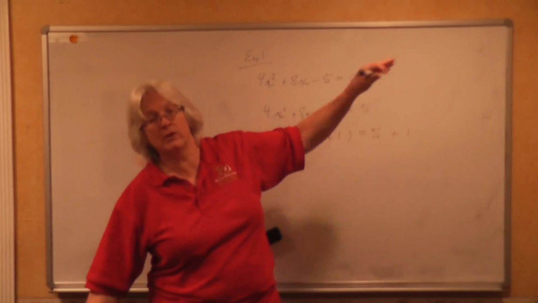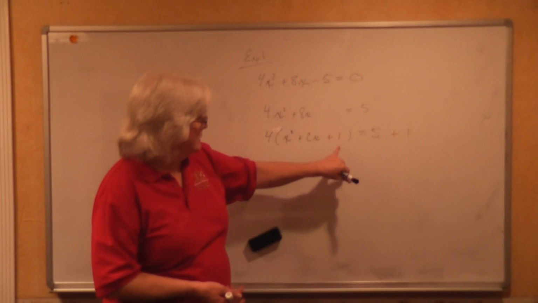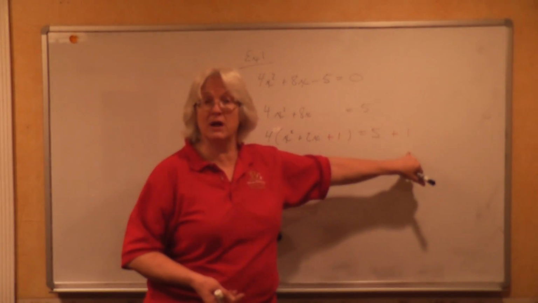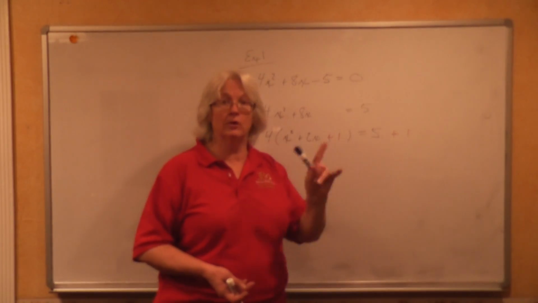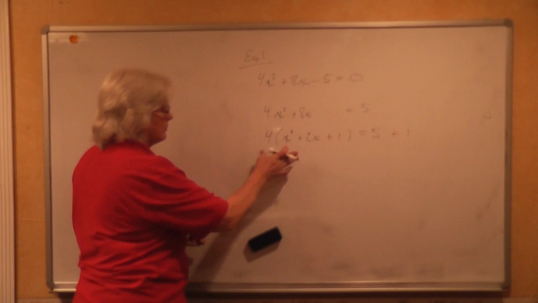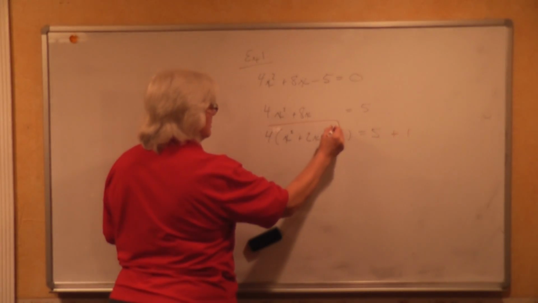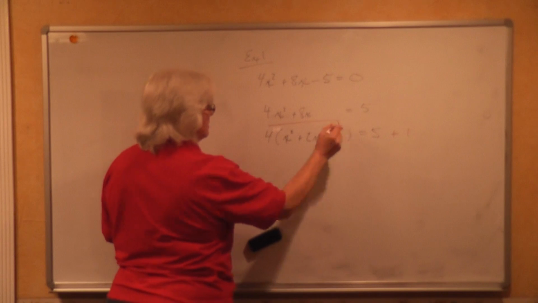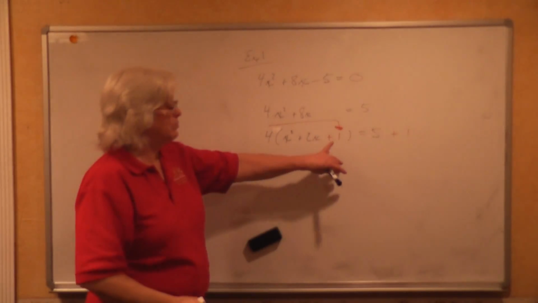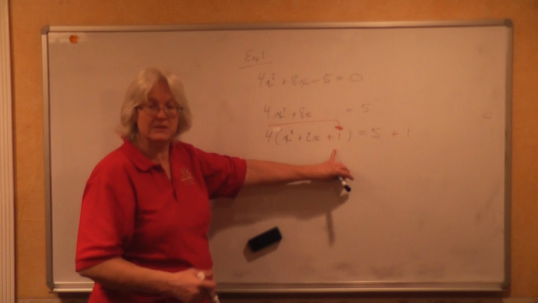It's heavy over on this side. But how can it be? Because we added a 1 to both sides, didn't we? Nope, we did not add 1 over here. We actually added 4 times 1. We added 1 inside the parentheses.